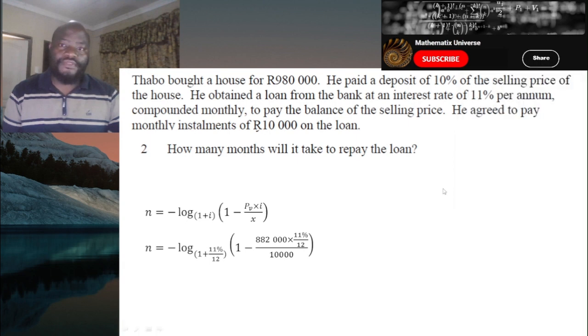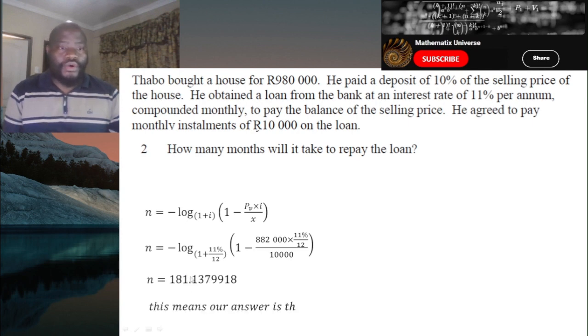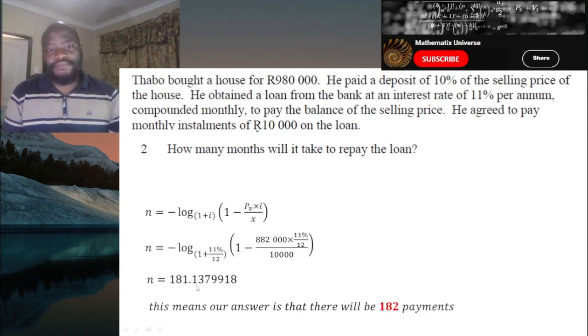Okay, so we have our n as this. This means that there are 182 total payments. There'll be 181 payments of 10,000, and the last payment, because of this fraction that is less than 1, will be less than 10,000.